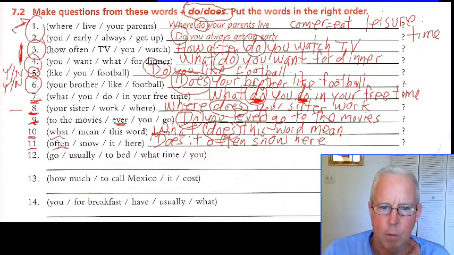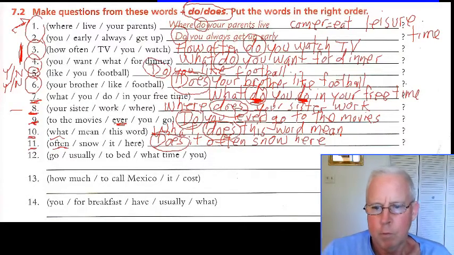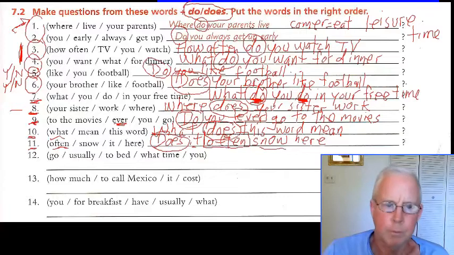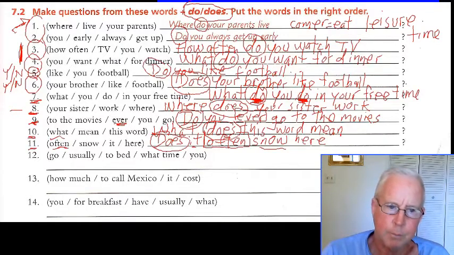So we start with the helper. Does it often snow here? And this word goes between it and snow. The answer, yes it does, or no it doesn't.